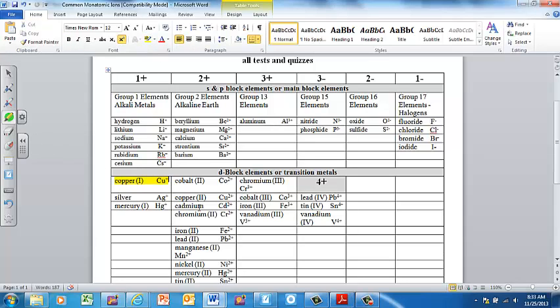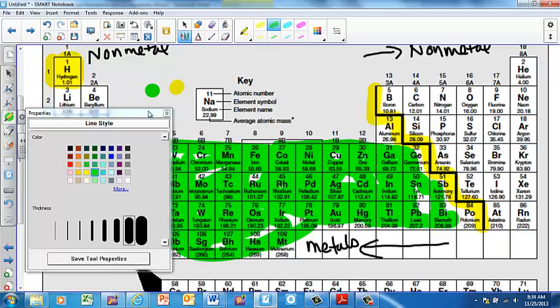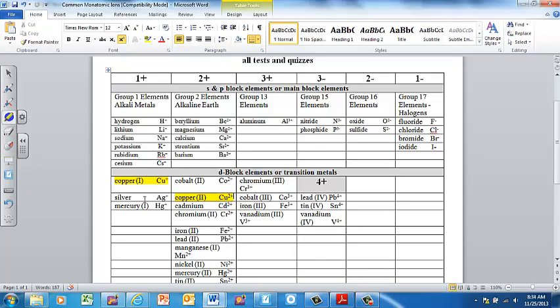So copper 1 is going to be a 1 plus. Copper 2 is going to be a 2 plus. You have several different options. The only ones that do not have a Roman numeral in there are going to be zinc, cadmium, and silver.